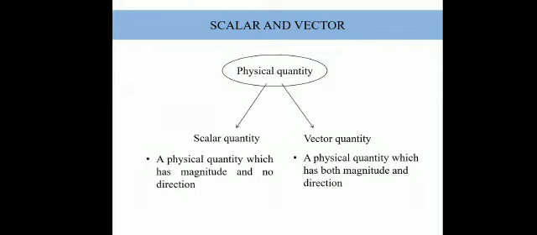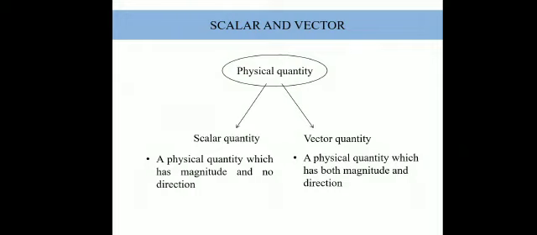So that is what a vector quantity is, a physical quantity which requires both magnitude and direction. We have to apply a force in a certain direction, then only the work will be performed. A physical quantity which has only magnitude and does not require direction is known as a scalar quantity.